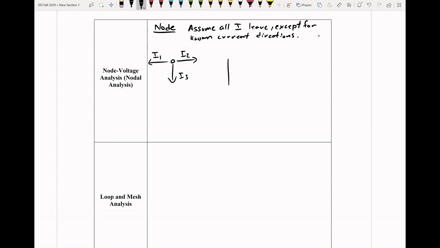And if I was to go and draw this out just really quickly, so call that one V of A, call this point V of B, call this point VC. And we'll have R1, this will be R2, and this will be R3.